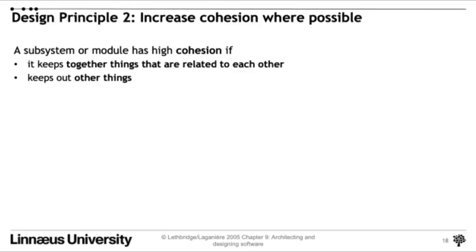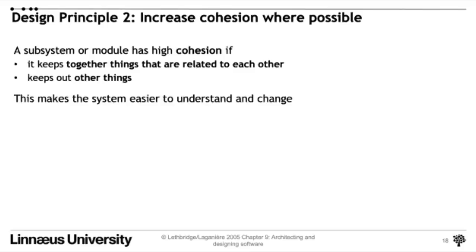For example, all the set of classes that you use for providing a given functionality, and keeping out other things. If you have one class which is not closely related to a specific functionality, then you have to put it in another package, if we talk in the Java language. This will make the system easier to understand and change.